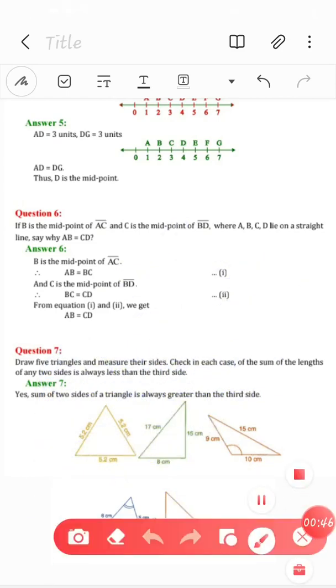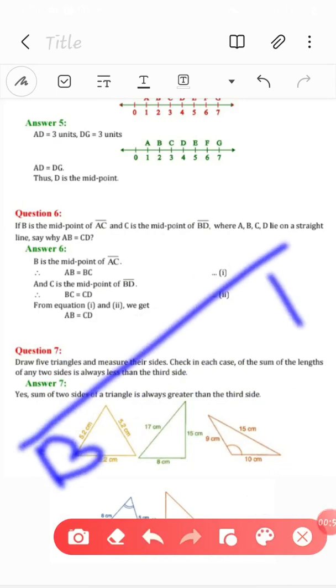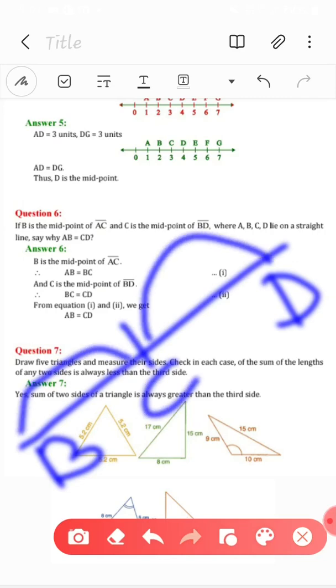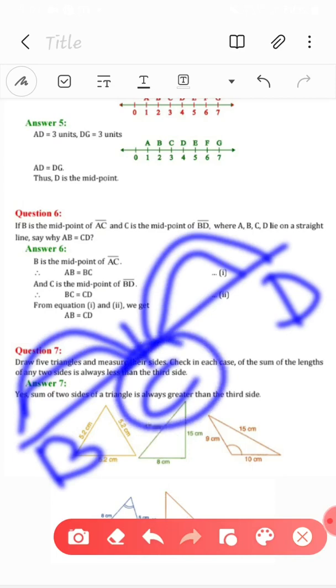Again, C is the midpoint of BD. Suppose B and D are there and C lies in between. Suppose this is 3 cm, this is also 3 cm. If it is 2 cm, this is also 2 cm. That means C is the middle point of B and D. So we can say BC is equal to CD.